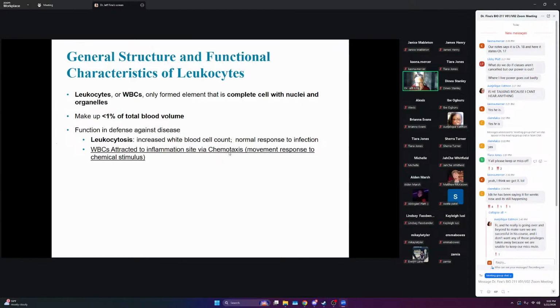There are going to be chemicals, chemotaxis, that are going to act as an alarm when your hand becomes inflamed and send a signal out to white blood cells to draw them to the area so that they can come into the area and start to monitor and identify what's going on. And if there's a threat, try to eradicate it before it becomes worse.